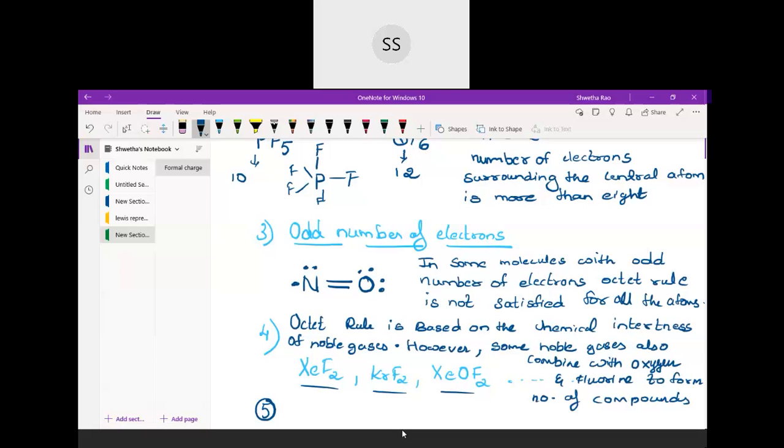And then you can explain: octet rule is based on chemical inertness of noble gases. However, some noble gases also combine with oxygen and fluorine to form large number of compounds like XeF2, KrF2, etc.